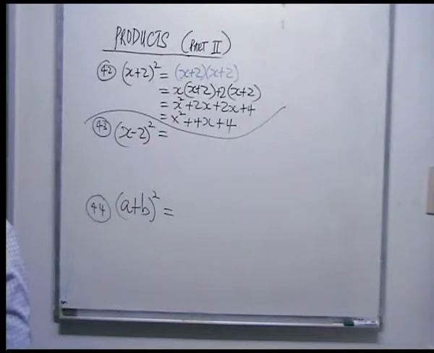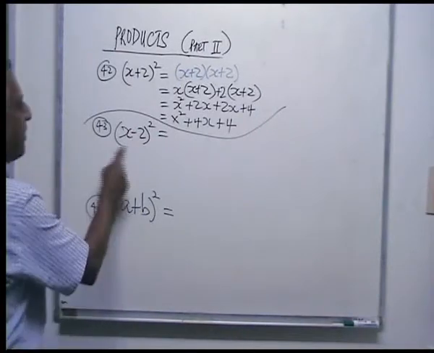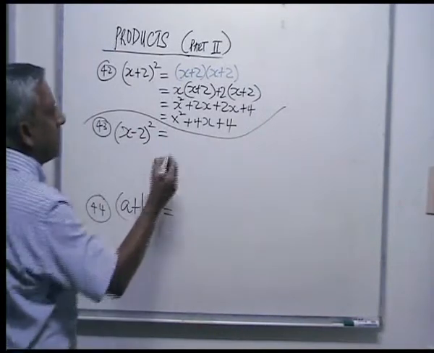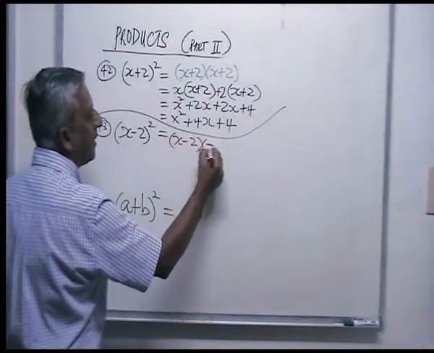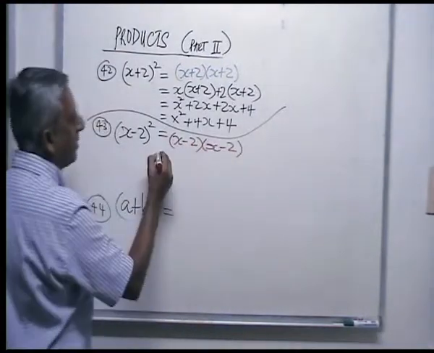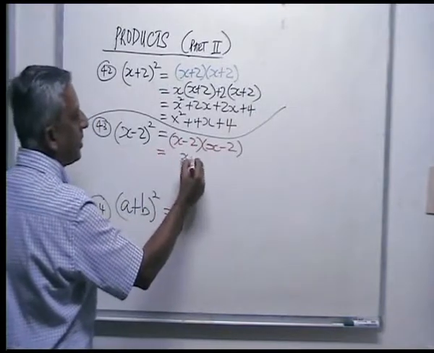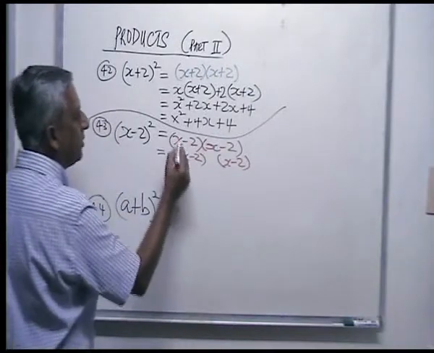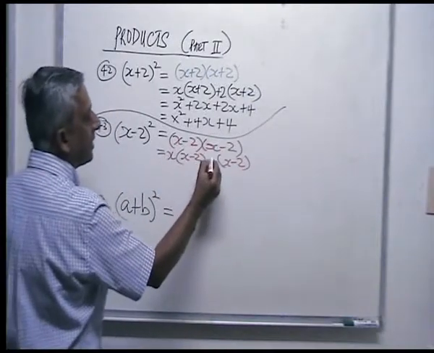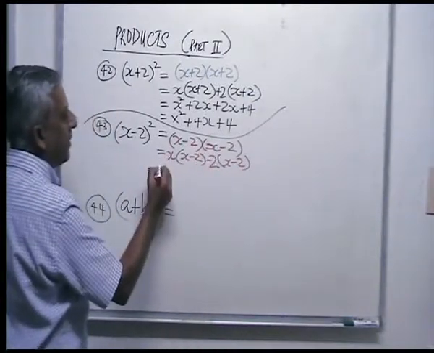Right, let's look at the next example. You had x minus 2 all squared. So I trust you wrote x minus 2 into x minus 2, step 1. And then there's your x minus 2. There's your x minus 2. Write down x here and write down minus 2 here.